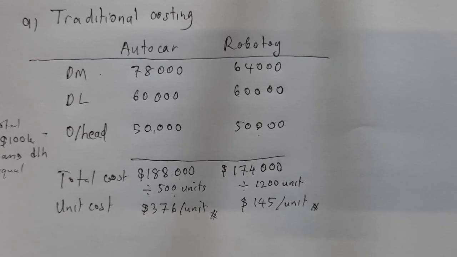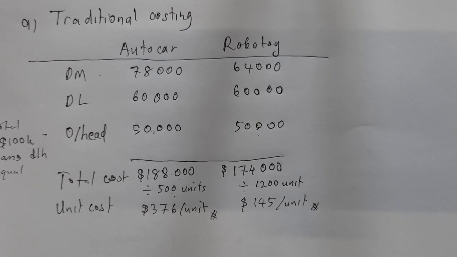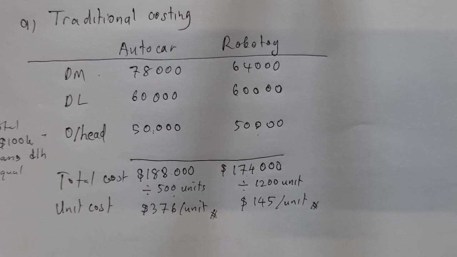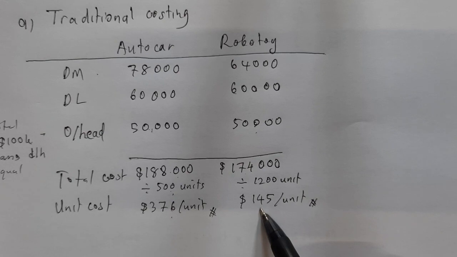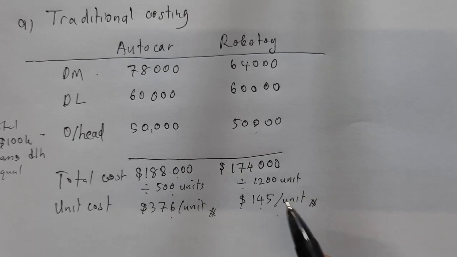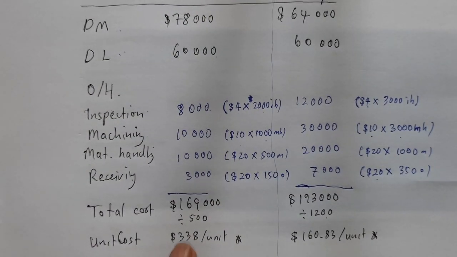See, there is a difference. Traditional costing, $376 for AutoCAD, and cost for Robotoy is $145 per unit. When you use activity-based costing, $338 per unit and $160 per unit.